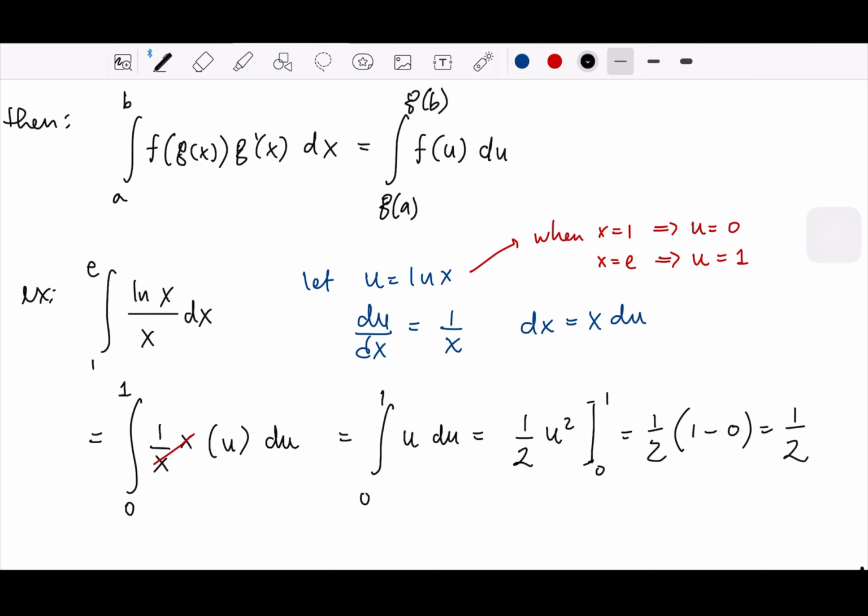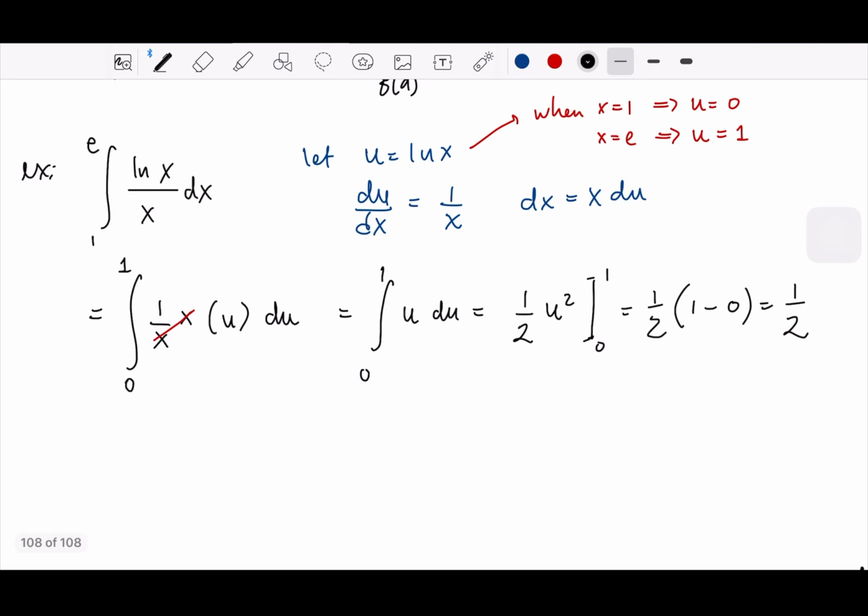For example, this is also equal to half, and then this will be ln x squared, from 1 to e. And it's also the same. This is 1, this is 0, and still the same 1 over 2.